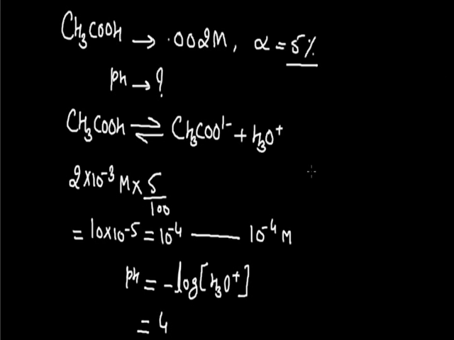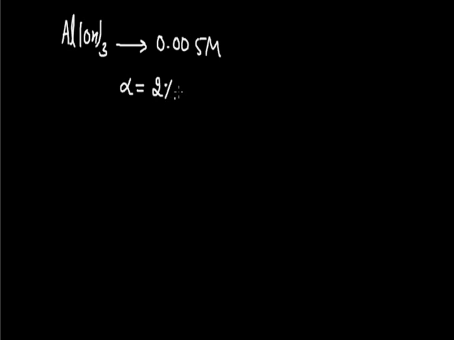If we take one more example, say we are to calculate the pH of an aluminium hydroxide aqueous solution, and the concentration of this solution is given to us as 0.005 M. Now, since it is a weak base, for the calculation of pH we will need the degree of ionization, and let the degree of ionization be provided to us as 2%.